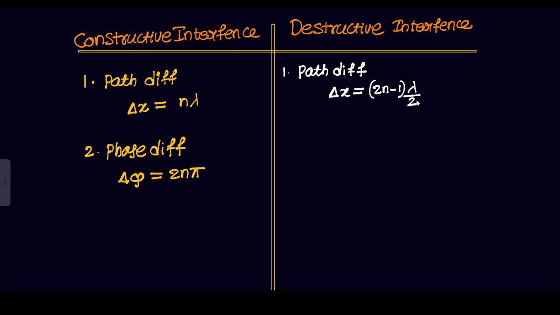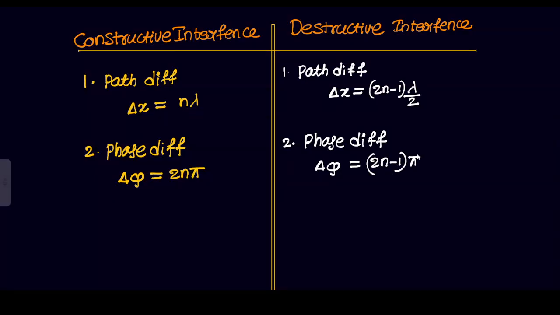N value starts from 1 onwards. Next, phase difference, delta phi. This is also 2n minus 1 into pi. Odd multiples of pi. Here it is even multiples of pi, here it is odd multiples of pi.